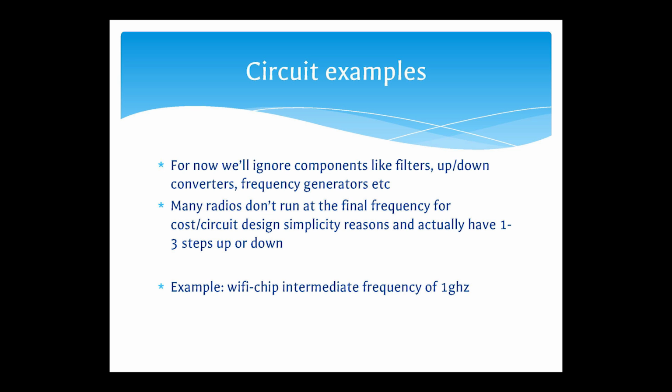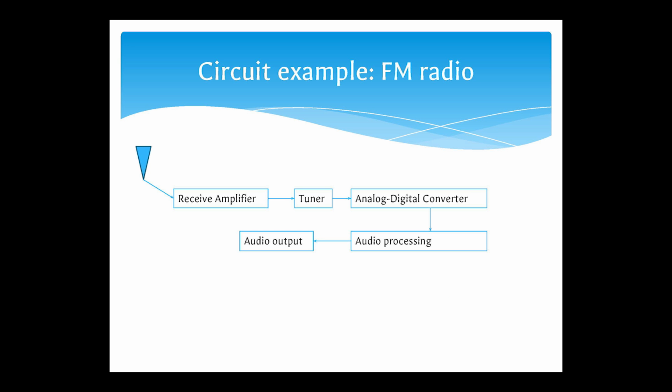And yeah. So here's the circuit example for the FM radio. You have an antenna. The first thing it hits is a receive amplifier to get the best reception possible. You hit the amplifier first. Then you go into a tuner to tune to the exact frequency you want.